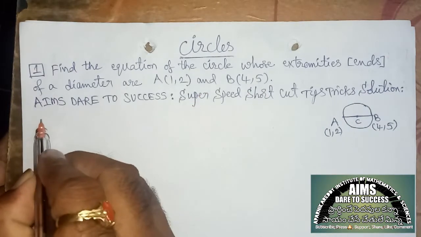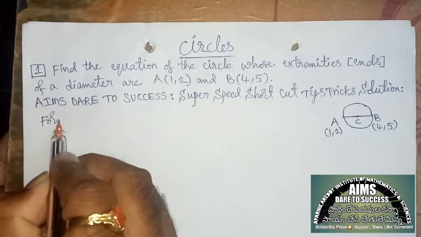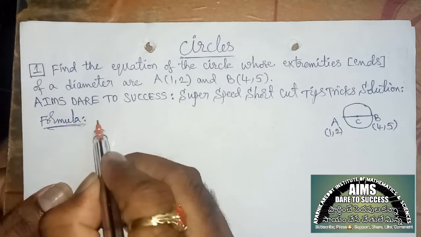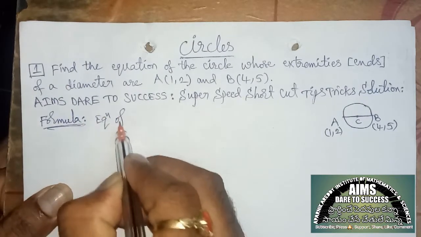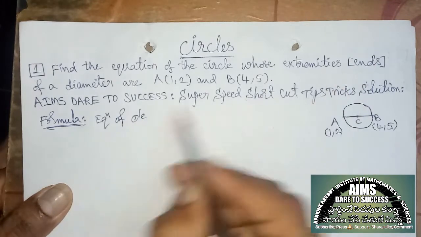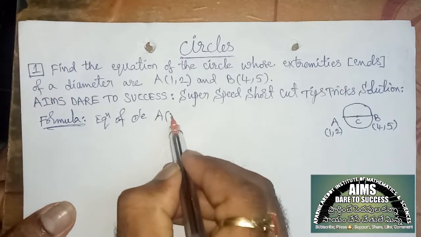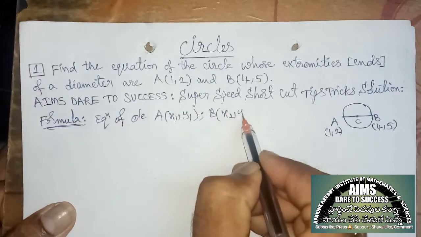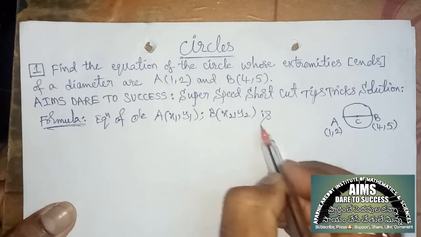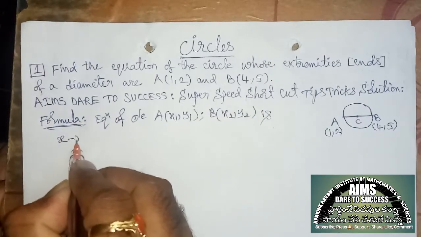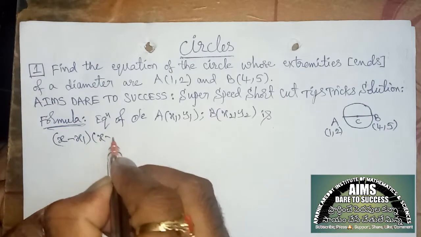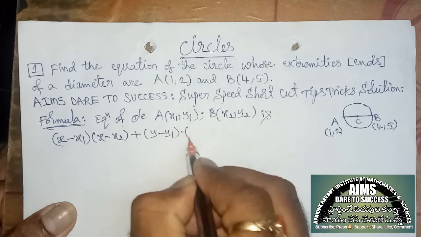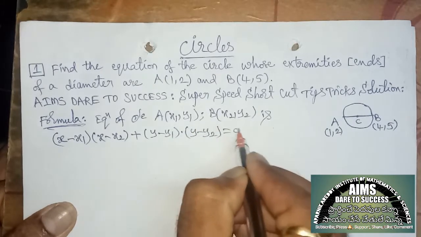So here is one small formula, my dear students, to get the equation of the circle using the ends of the diameter A(x1, y1) and B(x2, y2): (x minus x1)(x minus x2) plus (y minus y1)(y minus y2) is equal to 0.